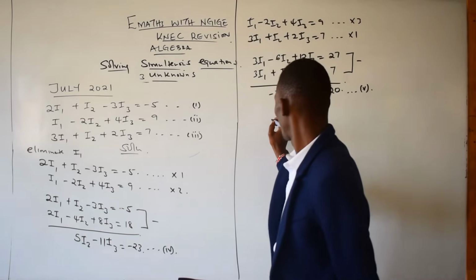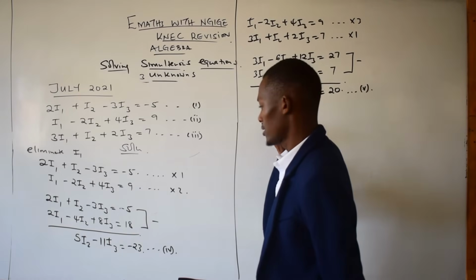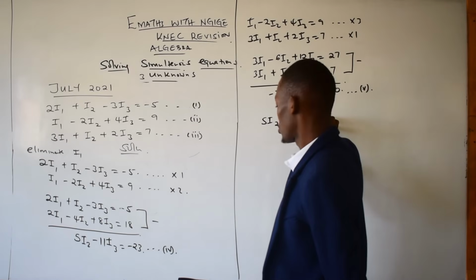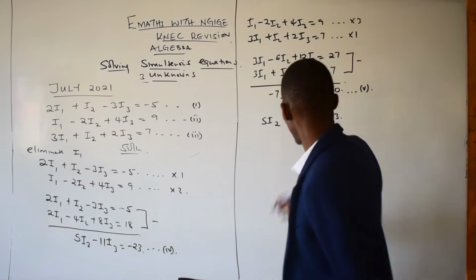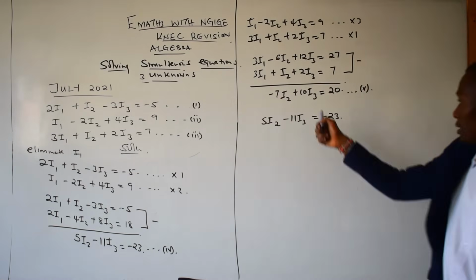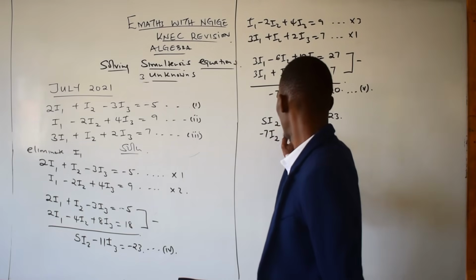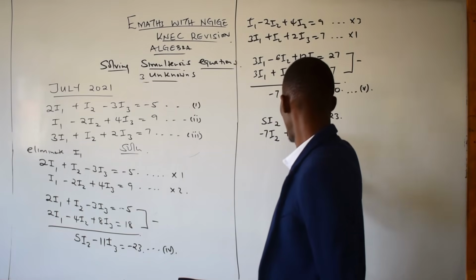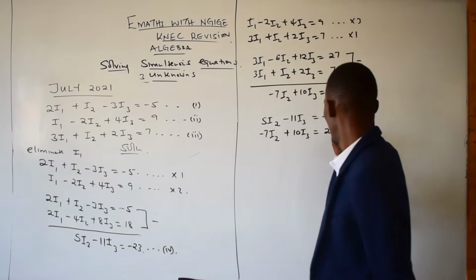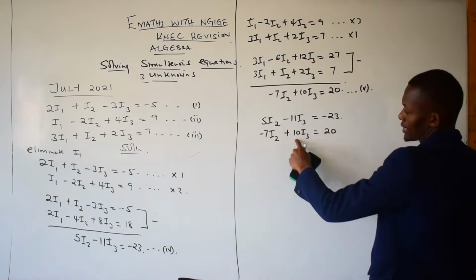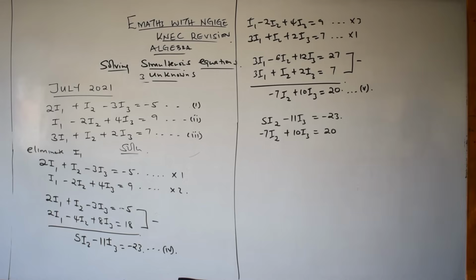So we have 5I2 minus 11I3 equals negative 23. That is equation number 4. Then you have equation number 5, negative 7I2 plus 10I3 equals 20. Again, choose a term that you want to eliminate. You can check, our I2 terms here are not the same, so you can eliminate I2.